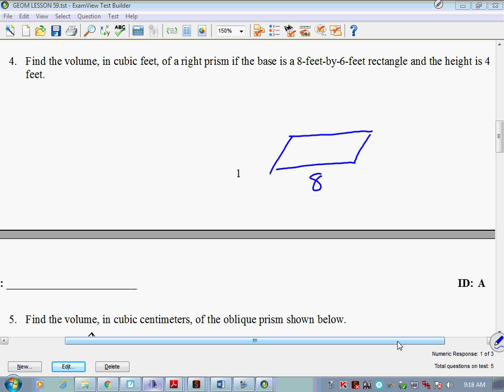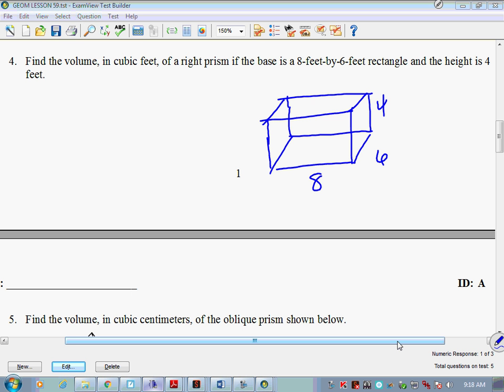It is 8 by 6, and they tell me that it's a prism. So it must be kind of like this, something like that. The base is 8 by 6, and the height is 4. We want to find the volume.